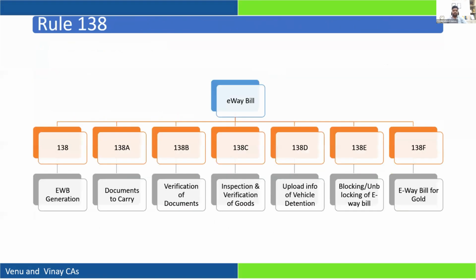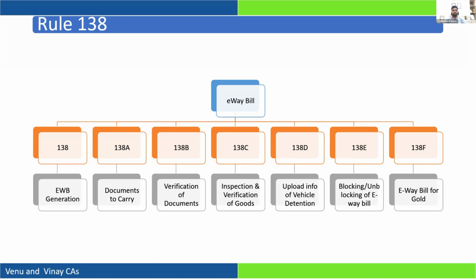So now coming to the rules. Rules with respect to the e-way bill provisions are provided in chapter 16 of the CGST rules. Here rule 138 is the important one. First, we'll have a brief view of what the rules have provided with respect to the e-way bill.